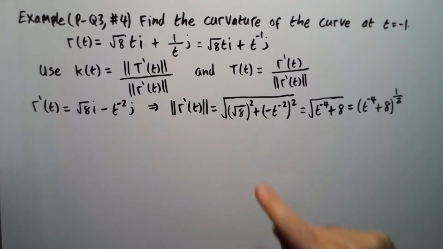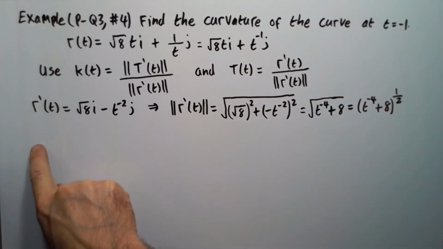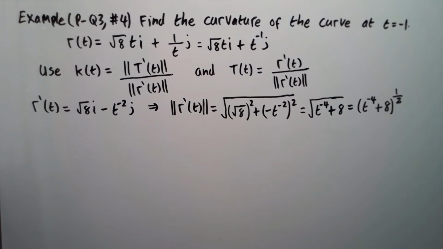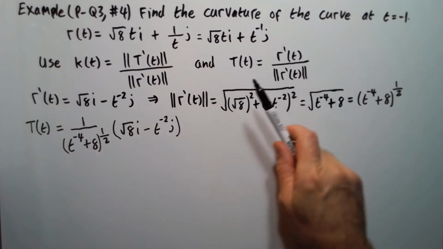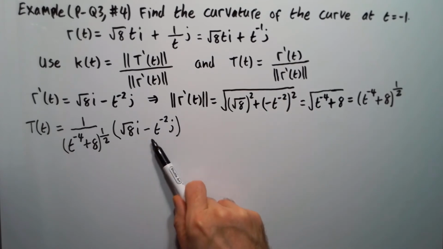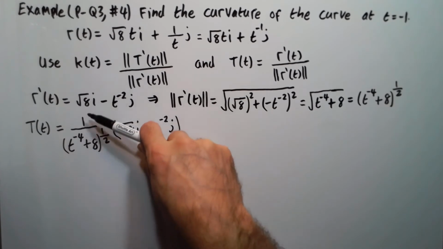Now let's find our capital T, the unit tangent vector, using this formula. My capital T will be r prime, which I've written here, times 1 over the magnitude, which I can bring up and write as a negative exponent.